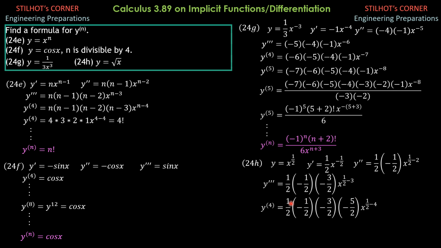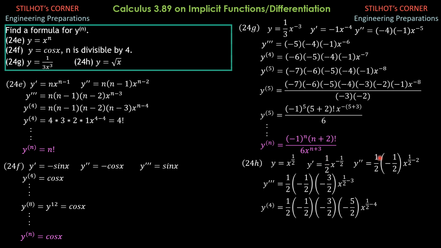Take note that these values in the numerator will not appear if n is, for example, if n is 4, then there are 4 numbers here: 1, negative 1, negative 3, and negative 5. If n is 3, like the third derivative here, there will also be 3 terms. If n is 1, then there will only be 1 term.